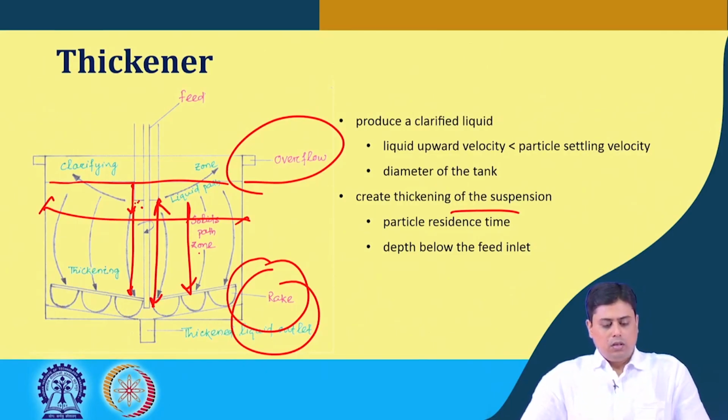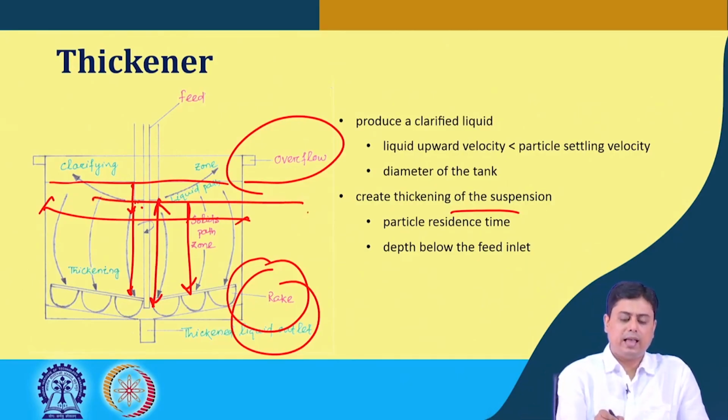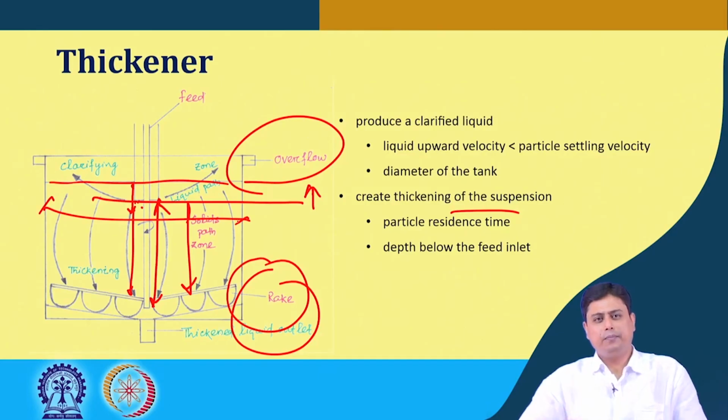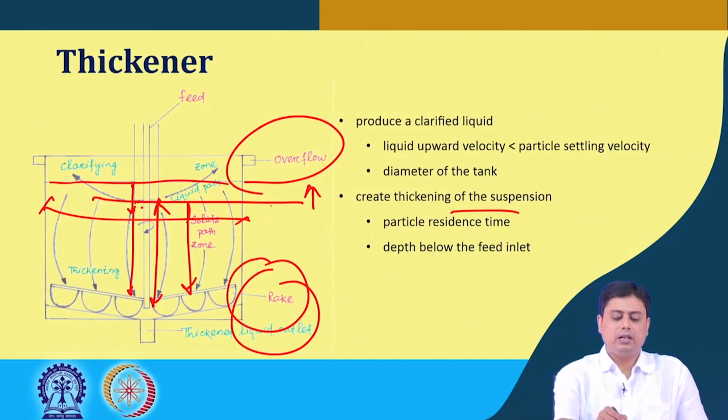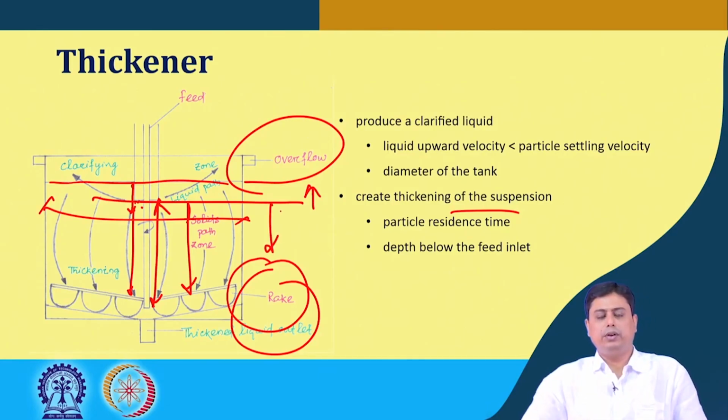Since in a real thickener we have two zones, one is the upflow zone and the other is the downflow zone. The upflow zone is above the feed inlet or the feed well, and the other region is below the feed nozzle or the feed well.